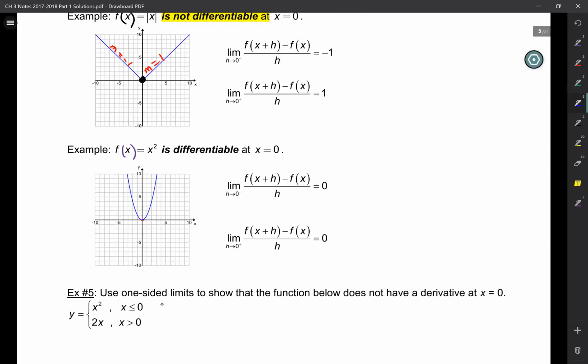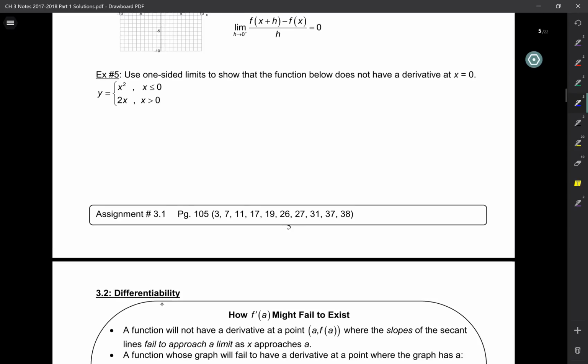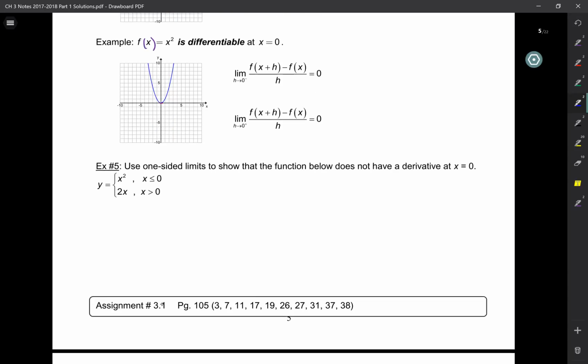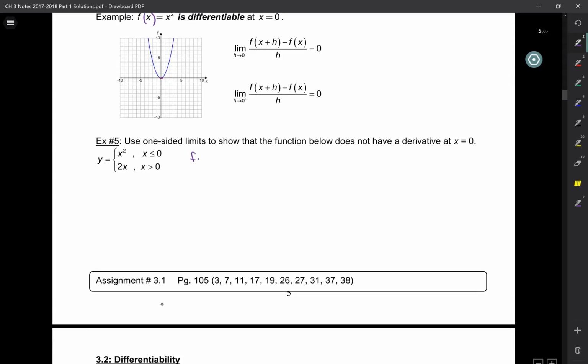Okay, so here it says use a one-sided limit to show that the function does not have a derivative. Oh, so they want us to graph it? No. Oh, no. Let's take a look at f of, so one-sided limit means we want to know f prime of 0 from the negative side, and we want to know f prime of 0 from the positive side.